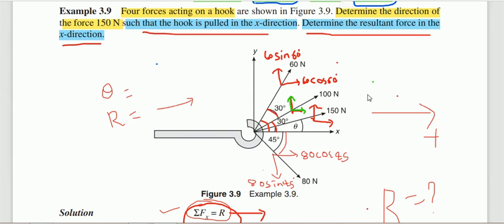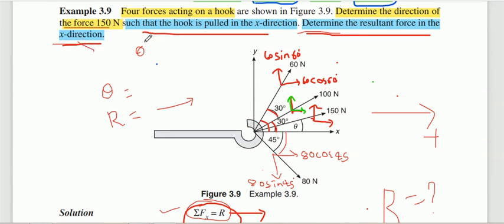In order to consider the condition, you concentrate on the given data. The hook is there; determine the direction of the force 150. Direction is nothing but the theta value, such that the hook is pulled along the x direction and the resultant is acting along the x direction.